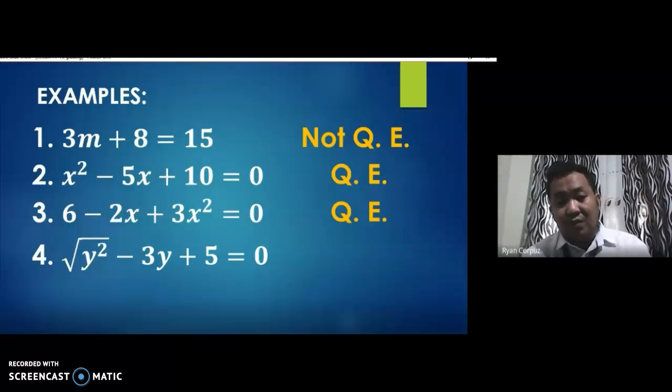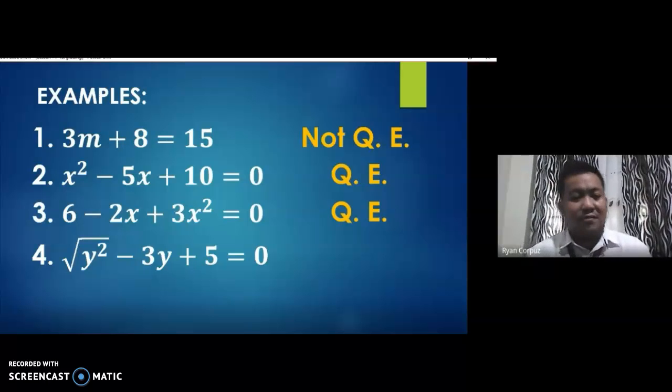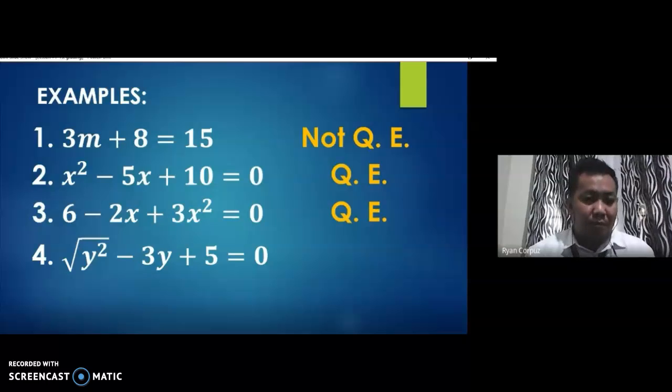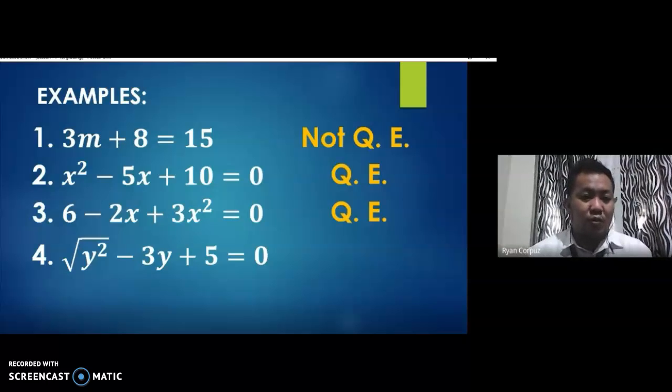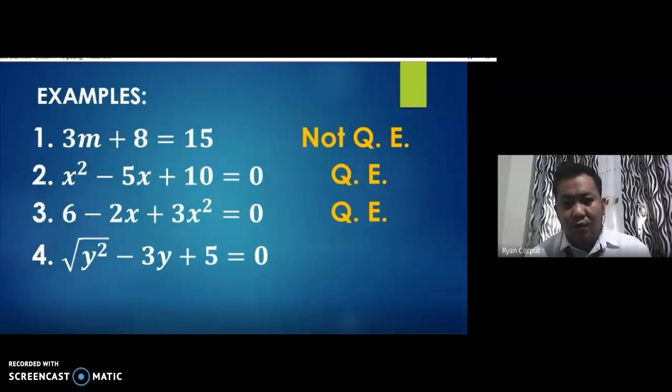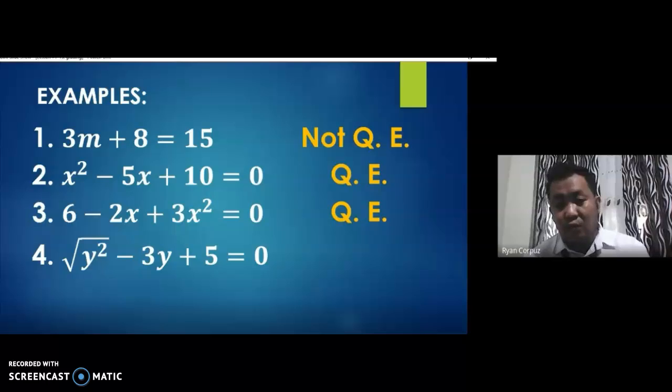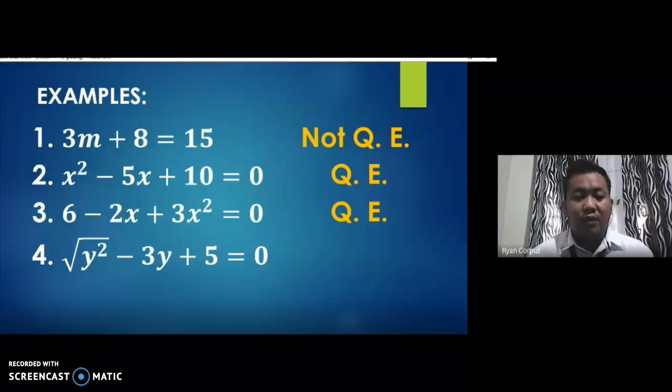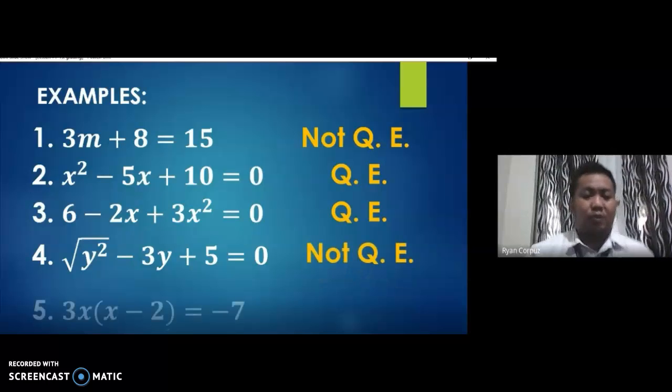When you get the square root of a term whose exponent is 2, it's the same as canceling the square root sign and the 2. If the square root sign and 2 are canceled out, what will be left is just y. So in that case, we are not going to come up with an equation whose highest exponent is 2, because when we simplify the square root of y squared, that will be equal to y. So that's why number 4 is not a quadratic equation.